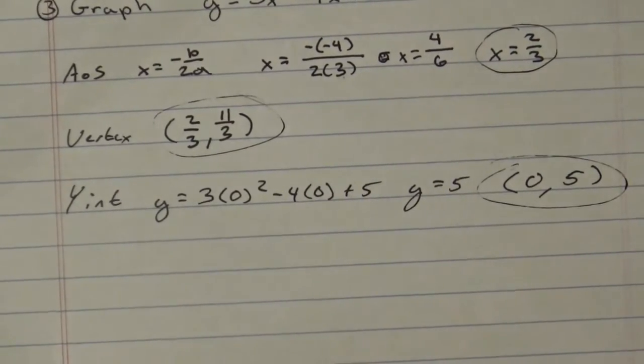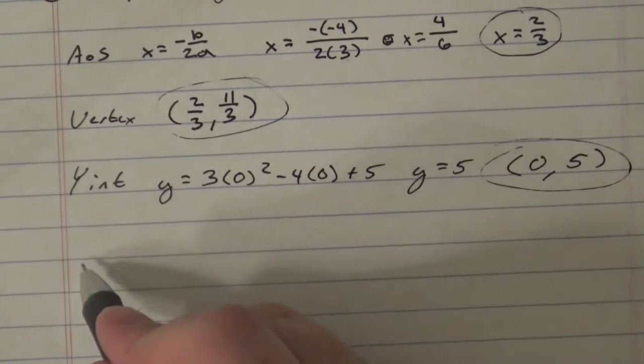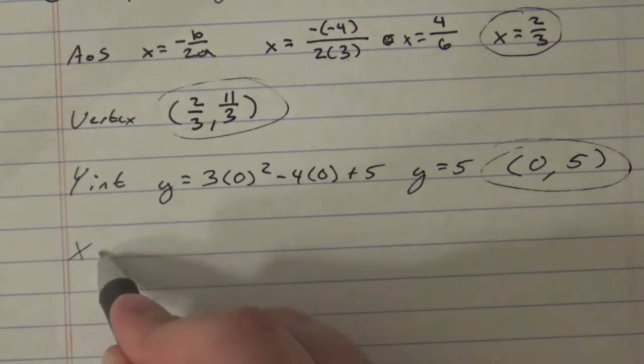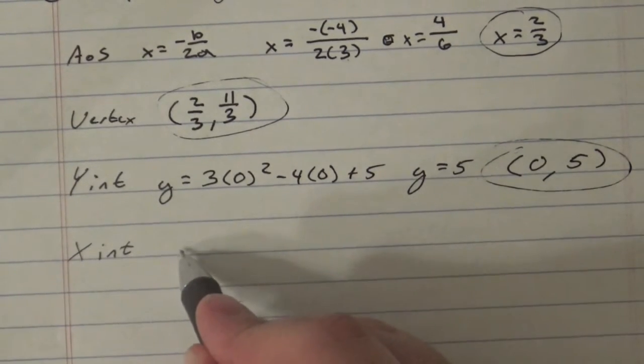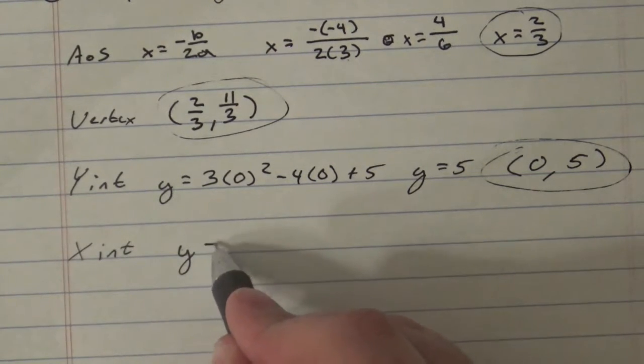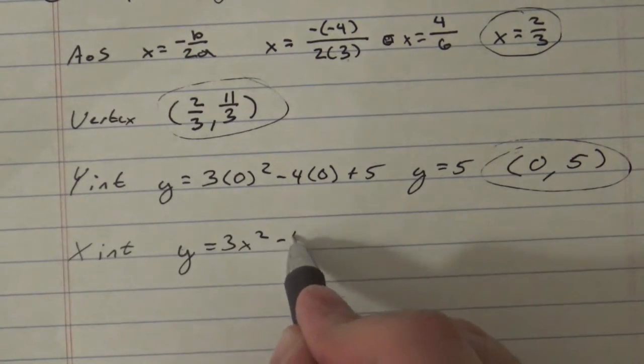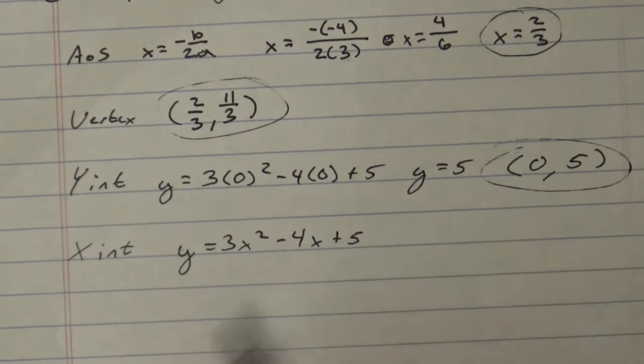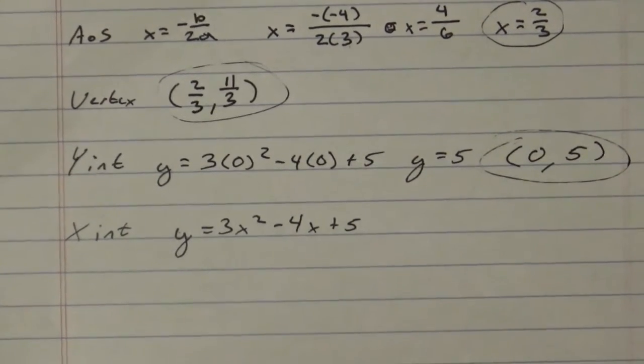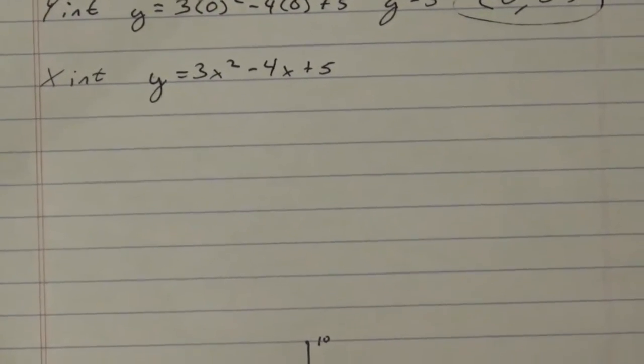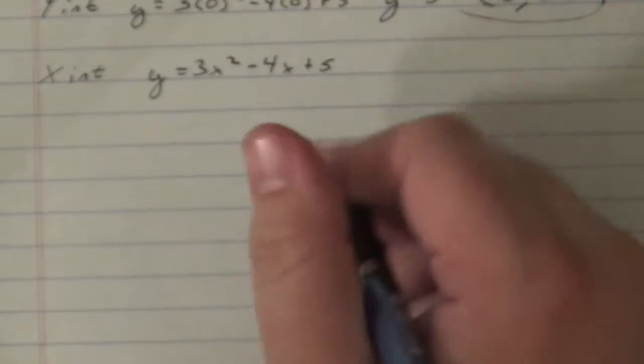Circle vertex too. All right, and the last thing happens to be our x-intercept. So we have the equation, let's write this out. y equals 3x squared minus 4x plus 5. I could probably try to factor this, but this time I don't want to, so I think it's going to be easier just to go ahead and use the quadratic formula. So let's sing our song.